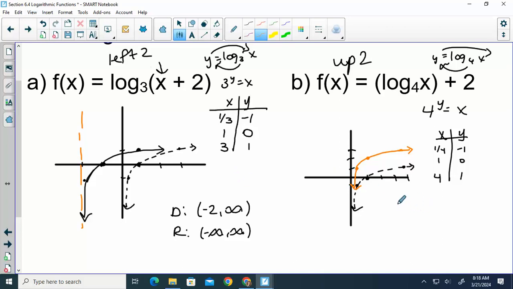What is the domain of this? And the range? Is that okay?